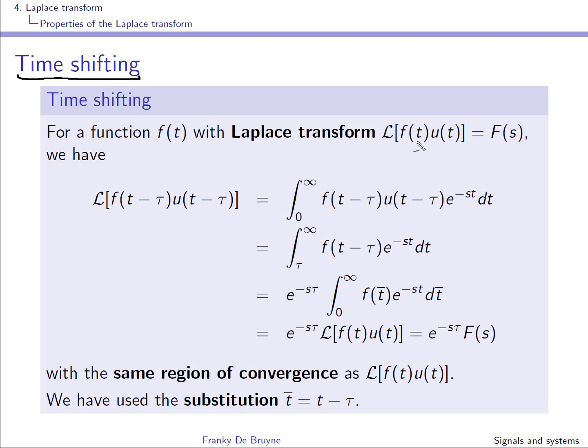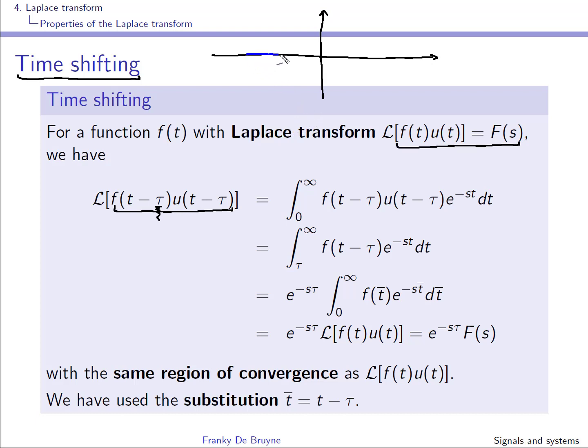Again, we'll start from the one-sided Laplace transform of f of t, which produces F of s, and we'll ask the question: what happens if we do time shifting by the quantity tau? So let's try and put this in a graph.